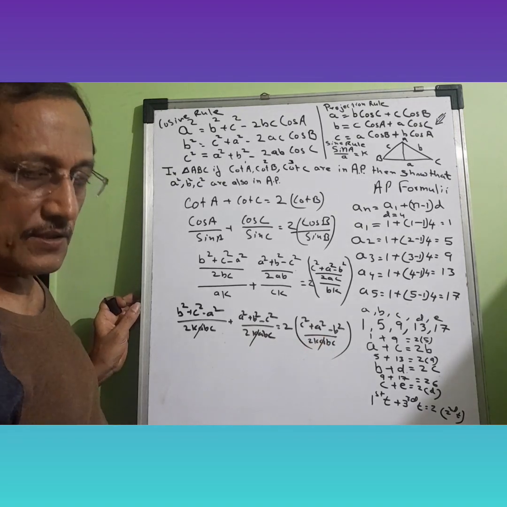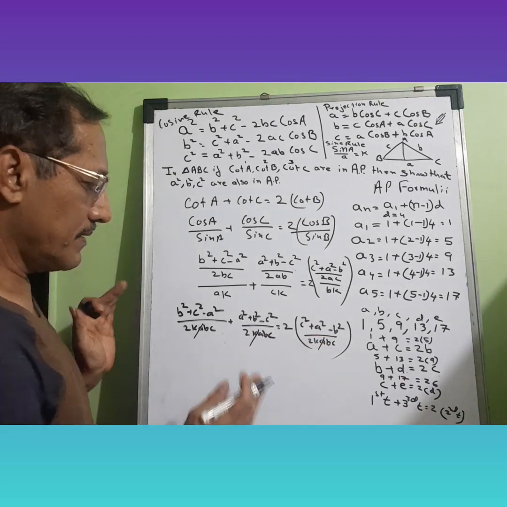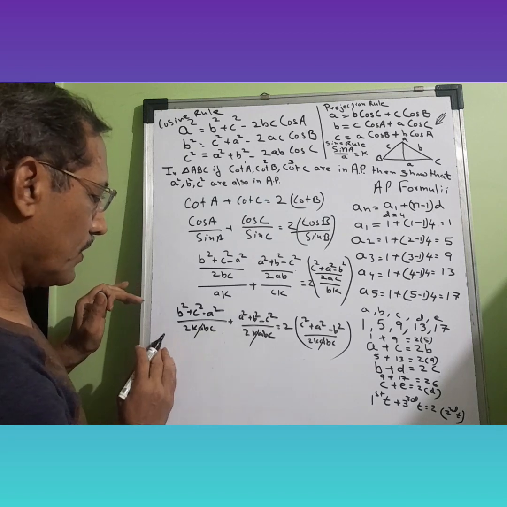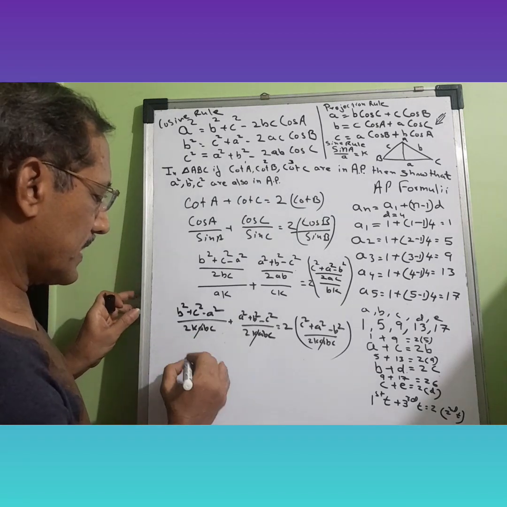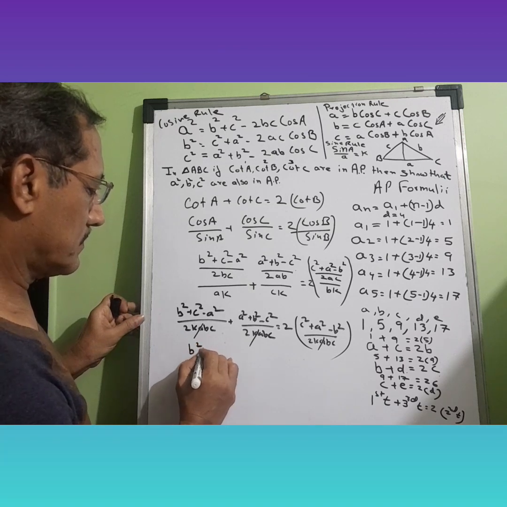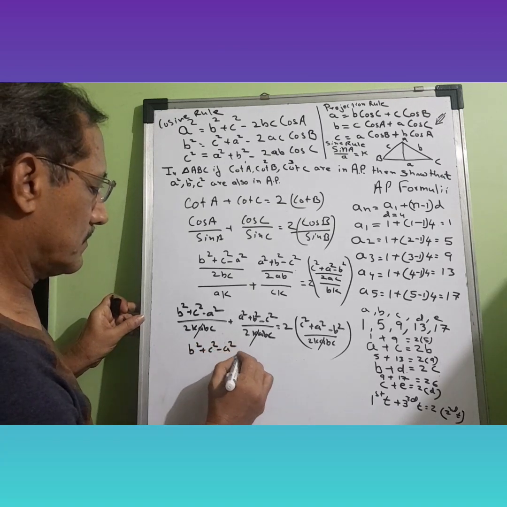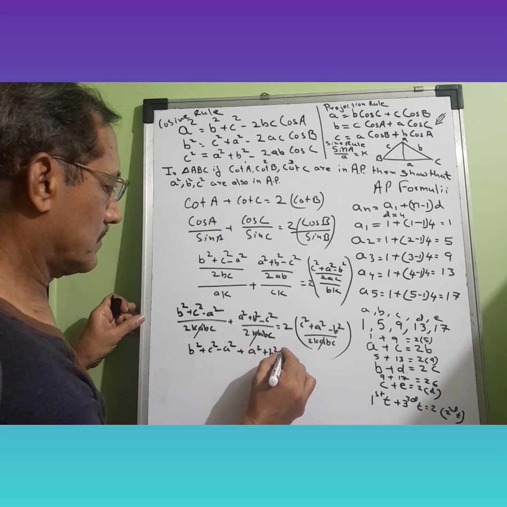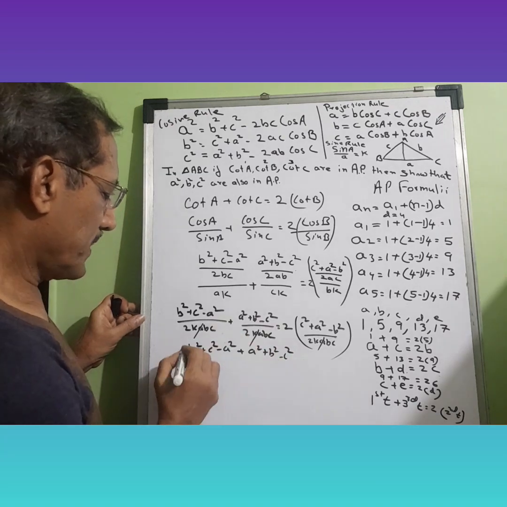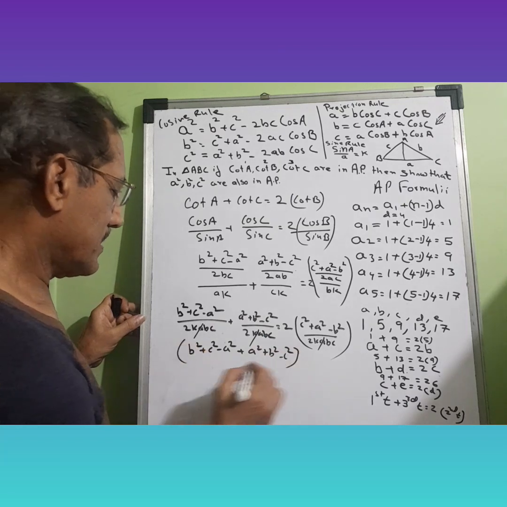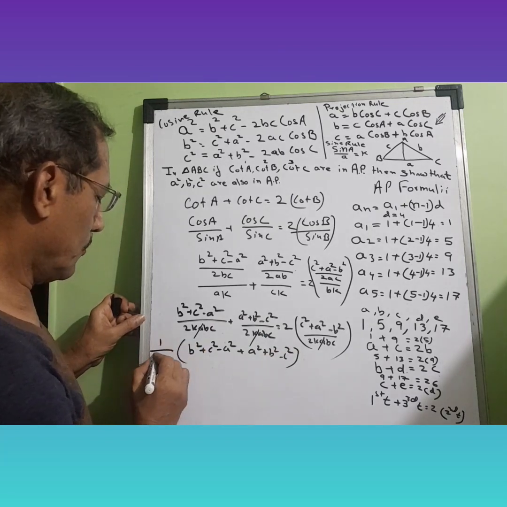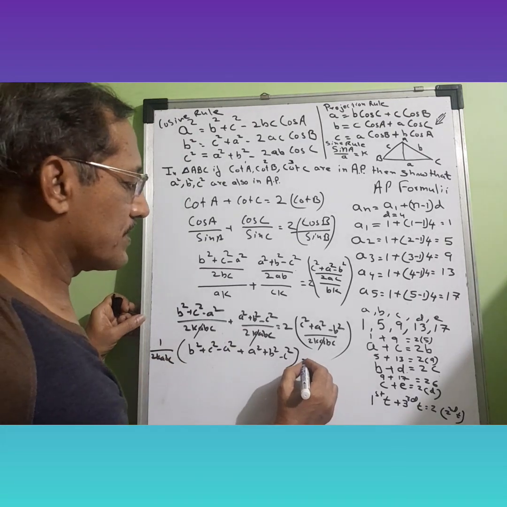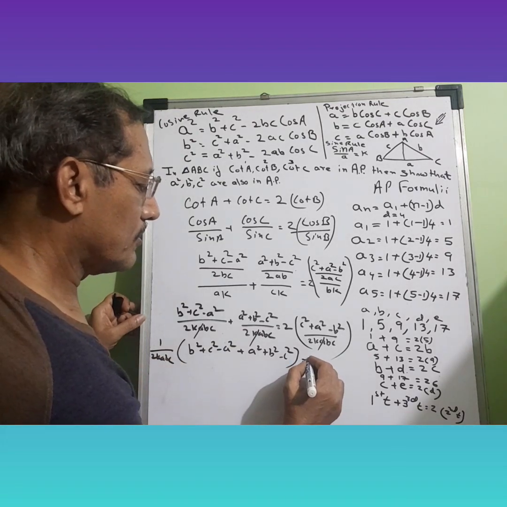In case you didn't understand why we cancel, basic thing, we just take this out as 1 over 2k, so this becomes 1 over 2, and this is also 2.